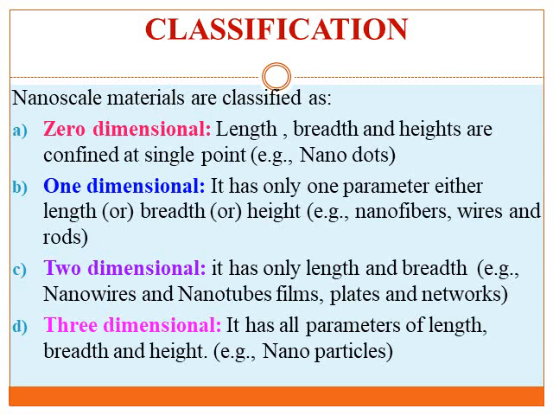It has a certain size in length, let us say 50 nanometers, and 20 nanometers in breadth. So the diameter is 20 nanometers and the length is 50 nanometers. Such materials are called two-dimensional nanomaterials. Now, three-dimensional nanomaterials have all parameters of length, breadth, and height.